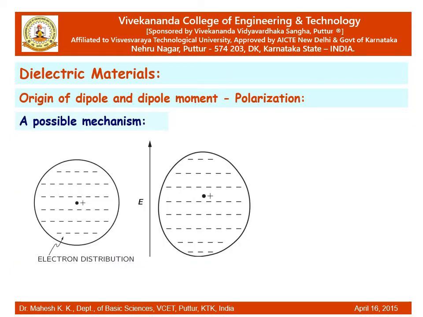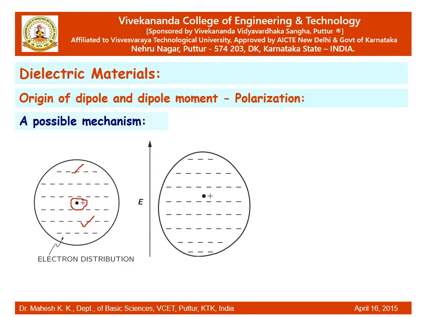Possible mechanism of polarization. Now we know that an atom has a positive charge on the nucleus, which is surrounded by the electrons. So these are the electrons that surround the ion core or the nucleus. The orbits or the wave pattern of the electrons will be distorted to some extent.